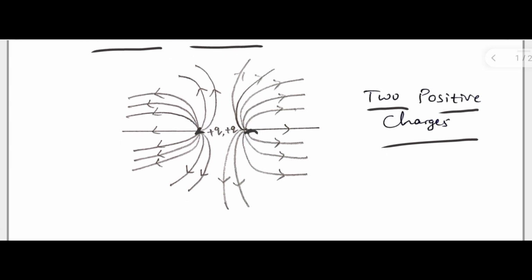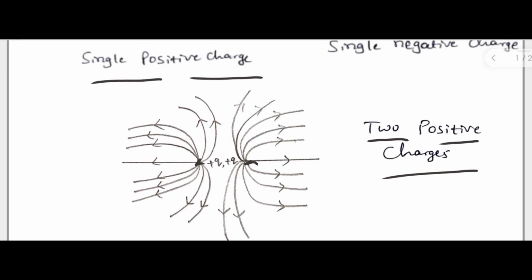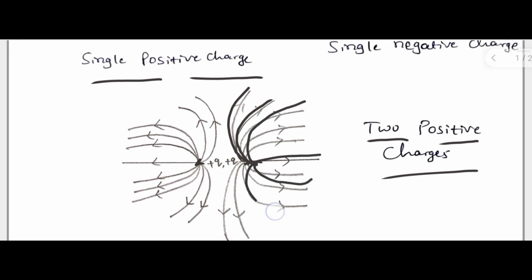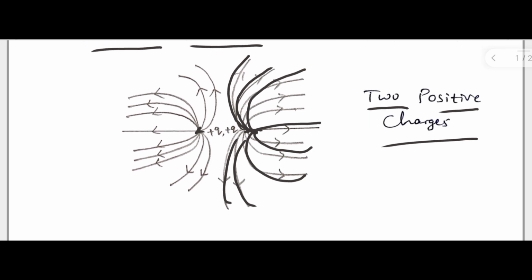We know the nature of charges: the same charges always repel each other. Here you are observing that the field lines are going to repel. There is no attraction between the field lines, in all possible directions.